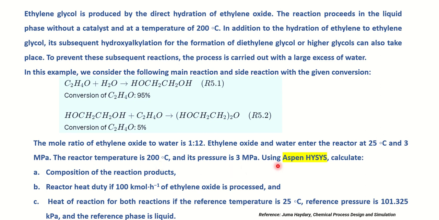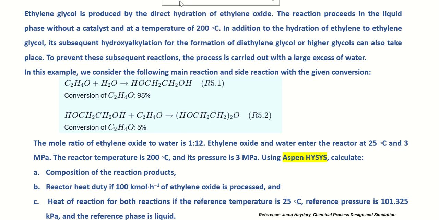We are asked to use Aspen HYSYS and report the composition of the products, the heat duty if 100 kilomole per hour of ethylene oxide is processed, and the heat of reaction for both reactions if the reference temperature is 25 degrees C and the reference pressure is 101.325 kPa.